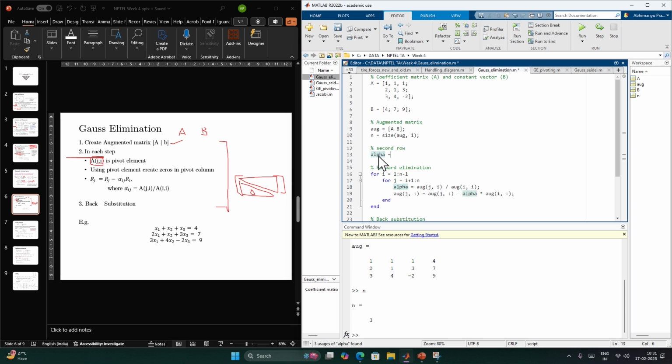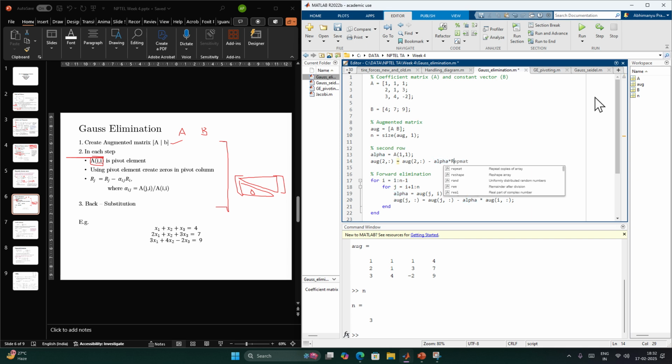So my alpha would be A11. Then I will do the operation on the second row. So I will change the augmented matrix. Second row, I will replace it, like I will multiply it by alpha times the first row, right?